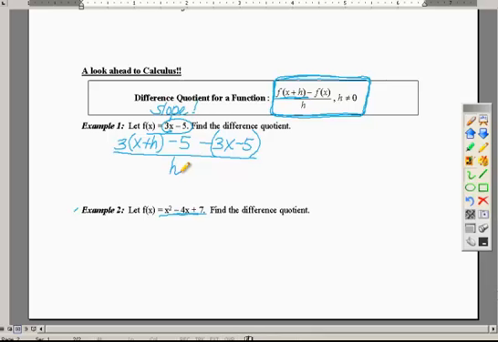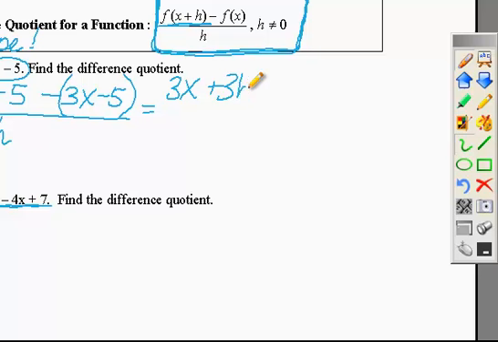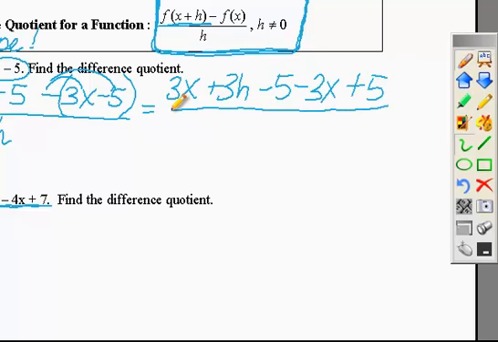I'm going to do a little simplifying for a moment. I'm going to say, well, 3 times x, and I'm going to distribute this in, plus 3 times h, minus 5. And then I'm going to distribute this negative into both of them as well. Minus 3x plus 5. Now, take a look at what's left.